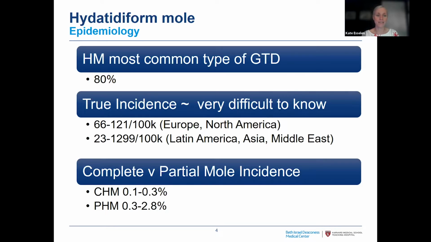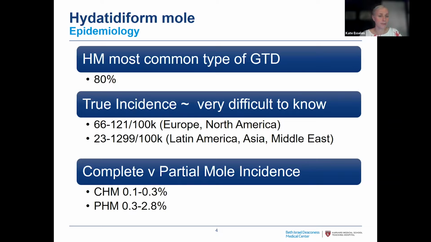The true incidence is very difficult to know, and over the years it has changed as reporting mechanisms have improved with big data and information systems. In Europe and North America, it's estimated that molar pregnancies may occur in anywhere from 66 to 121 of 100,000 pregnancies, and might be more frequent in places like Latin America, Asia, and the Middle East, with reports up to about 1,300 per 100,000 pregnancies.